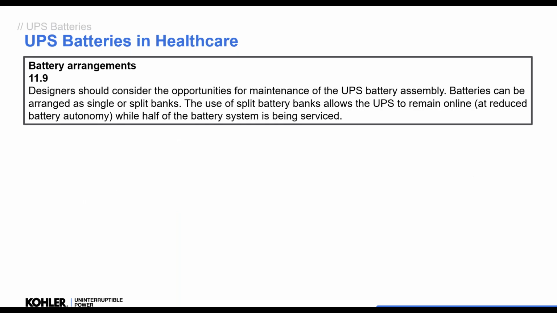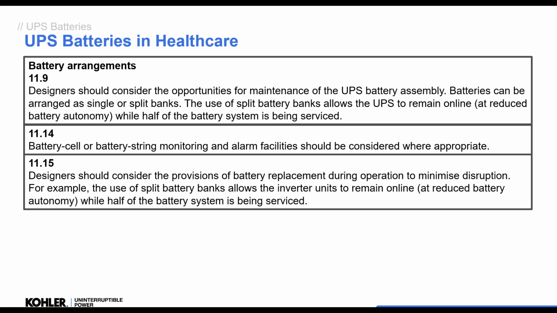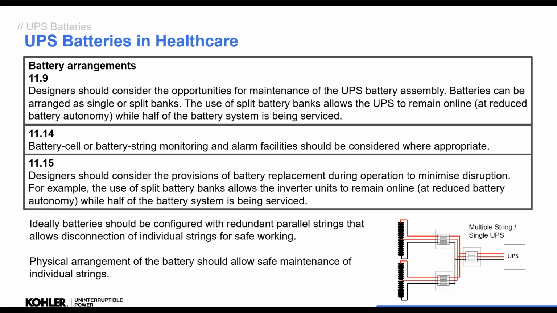So when we're putting a battery in, HTM talks about having split banks of several strings to allow redundancy in servicing. It says battery cell or string monitoring should be considered where appropriate. And obviously having this option of having a split battery to be able to maintain it and fix it without actually taking off the whole battery in one.